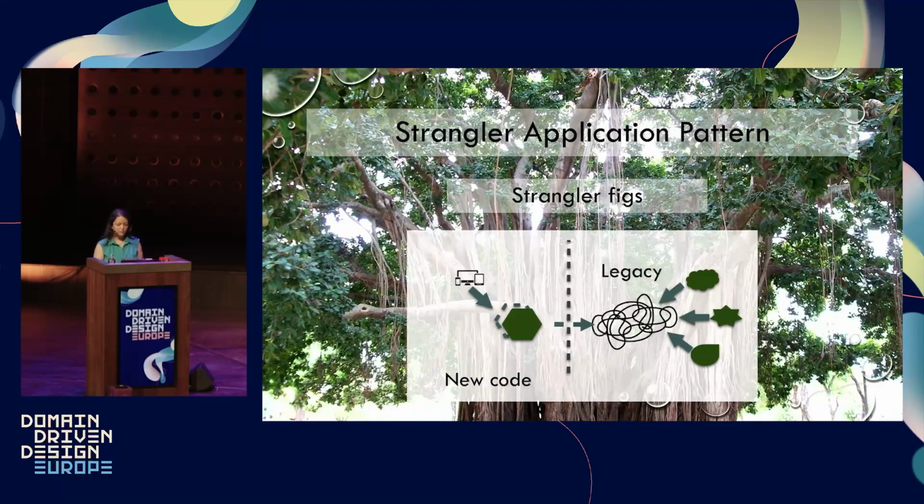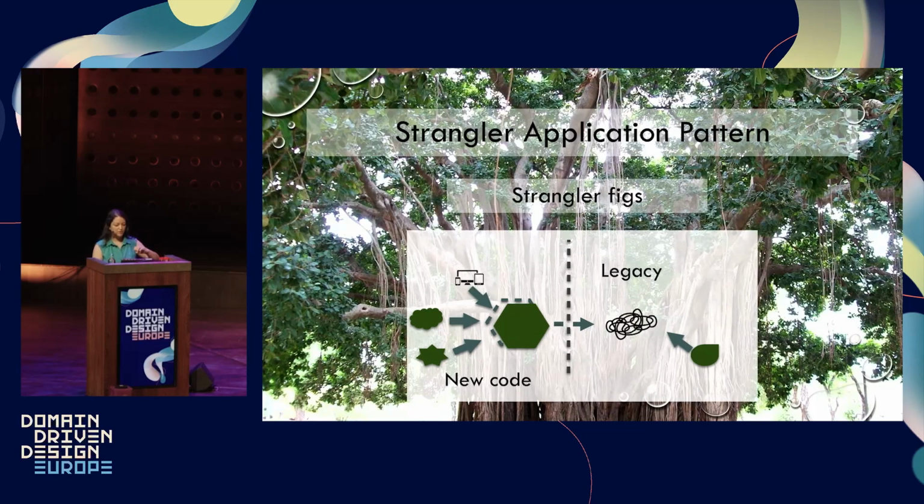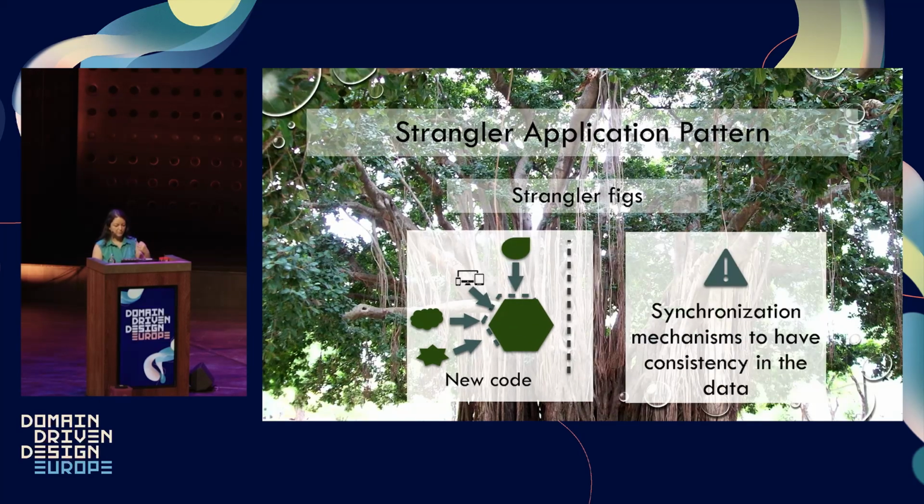The idea, so, is to develop new code as a priority and not to make the legacy evolve anymore. So the idea is to shrink the legacy little by little until it disappears. But it requires rigor and a synchronization mechanism in data, if we really separate the two versions, the legacy and the new version.